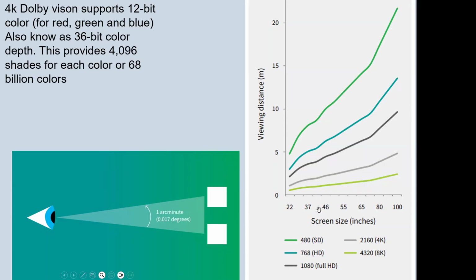So if you have, let's say, 2.5 meters, you can see no bigger TV or no smaller TV than 55 inches.